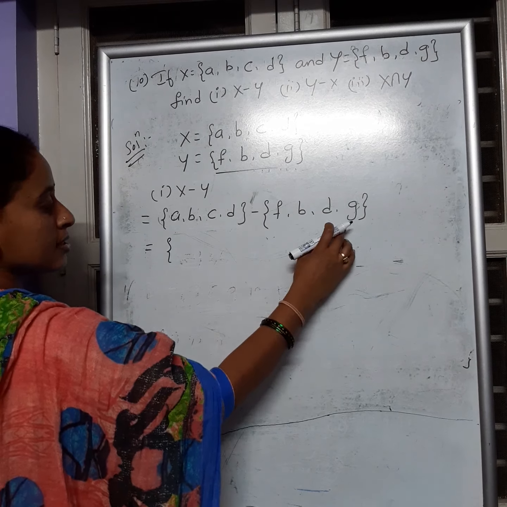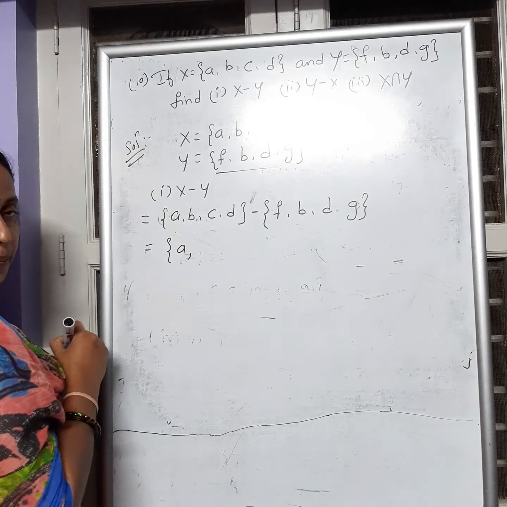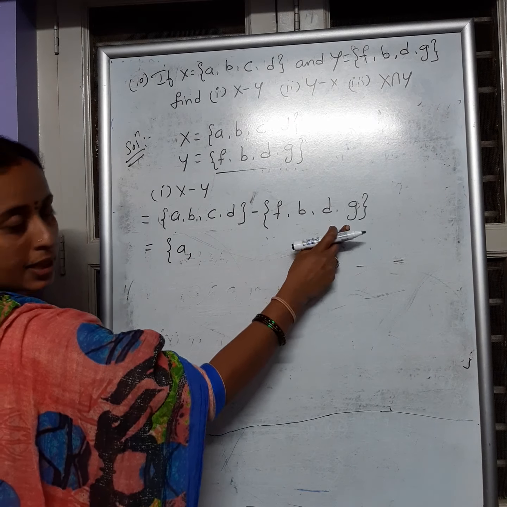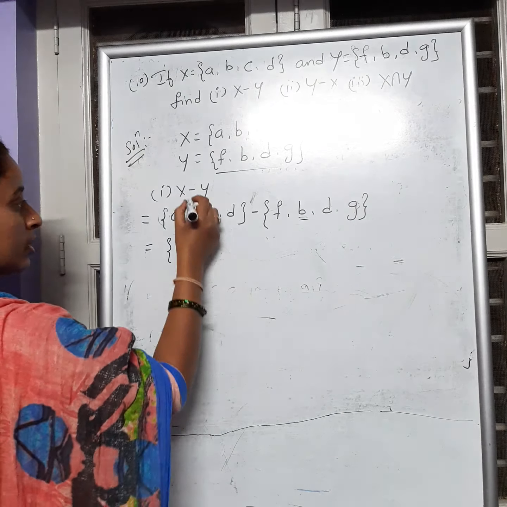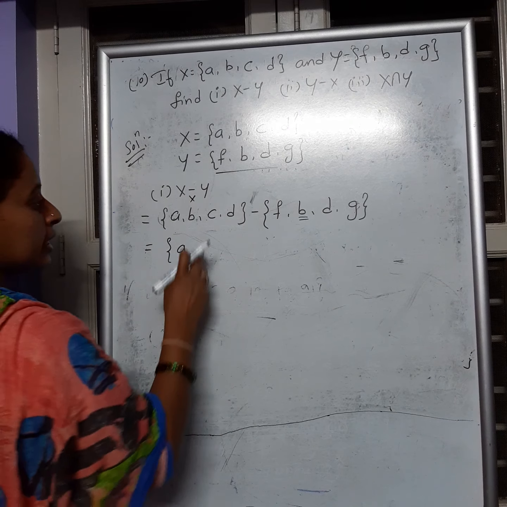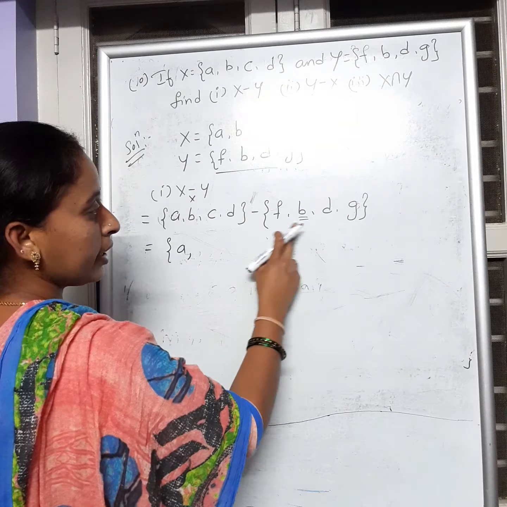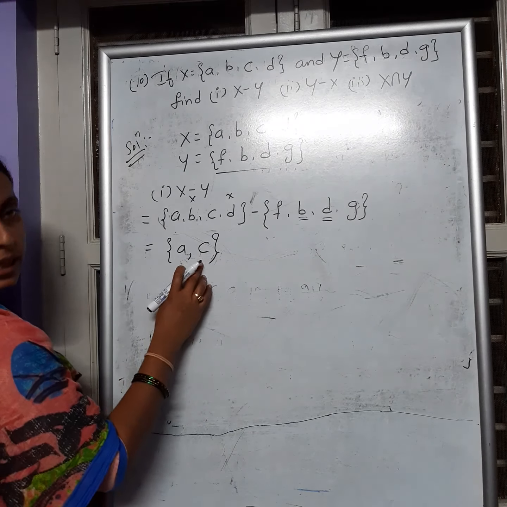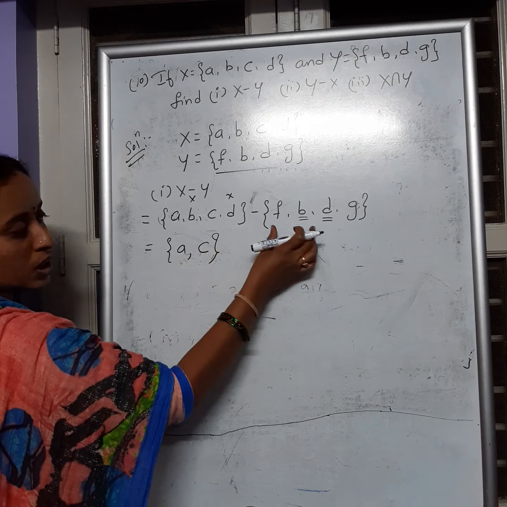Is A present in this set? No. Then take A. Is B present in this set? Yes, B is present. Then remove the B. Next, is C present in this set? No, C is not present in this set. So consider the C. Next, is D present in this set? Yes, D is present here. So D cancelled. So remaining is A, C. And this belongs to X but not to Y.